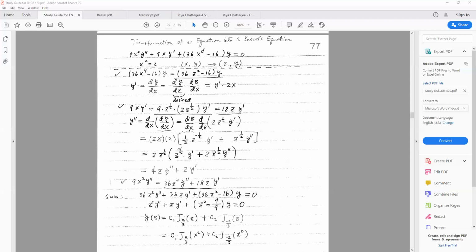Then we can move into the leading term. The leading term involves second order derivative. Second order derivative means the derivative of the first order derivative with respect to x in the given equation. Then dy dx is something we already obtained. That's in this form. So we can move into here.